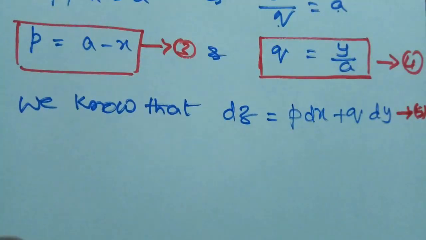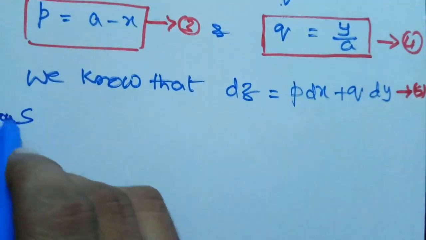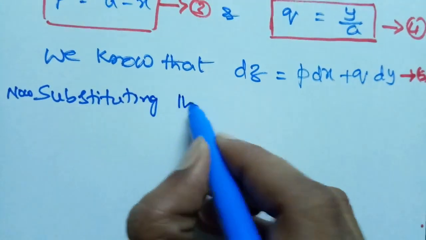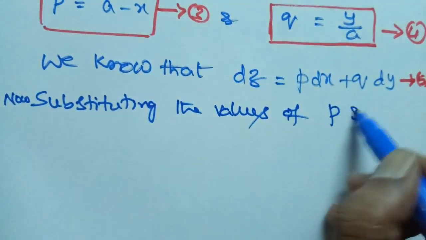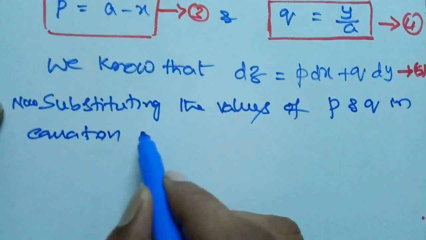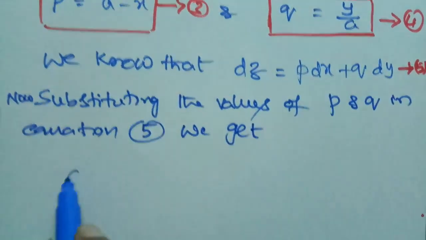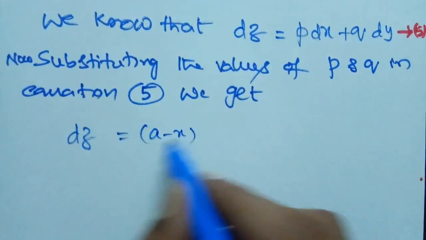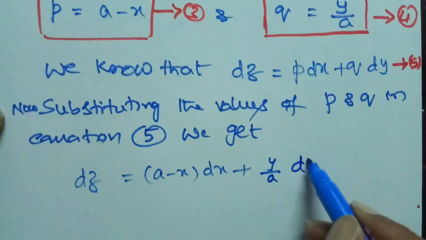Substituting the values of p and q from equation 3 and 4 in equation 5, we get dz is equal to p value a minus x into dx plus q value y by a into dy.